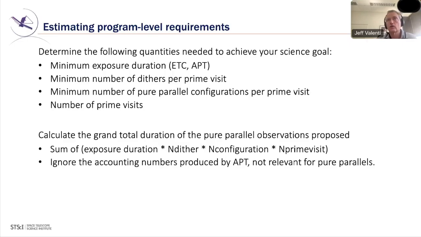There is actually some overhead, which I'll mention briefly later, but for the purposes of filling out your proposal, we're ignoring that. So you just multiply all those things together. You may have different types of observations, which need different exposure duration, different number of dither patterns or whatever. So the actual sum might be slightly more complicated than this, based per configuration, but this is the basic idea.